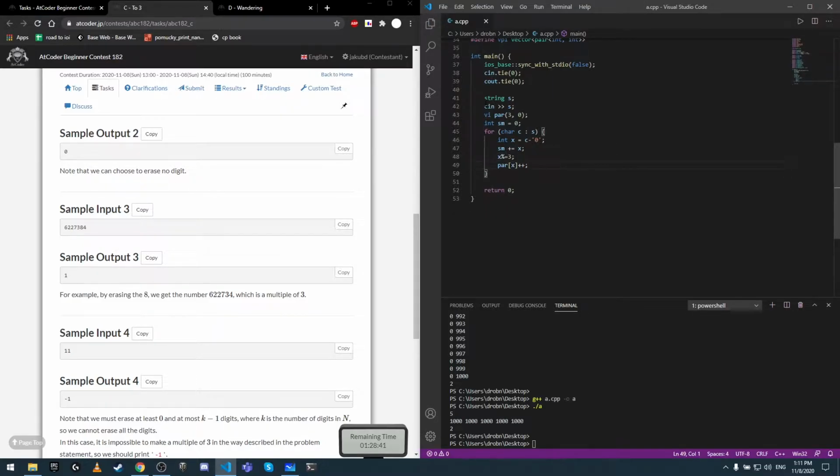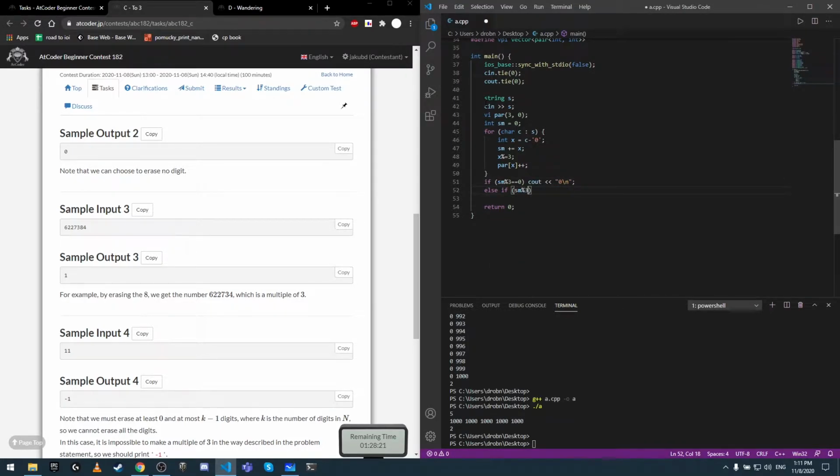Right, okay, so that's it. Now we count the number of parities, right? We don't care about 0 parities now. If sum, so basically if the sum of it is already divisible by 3, then we don't need to change anything.